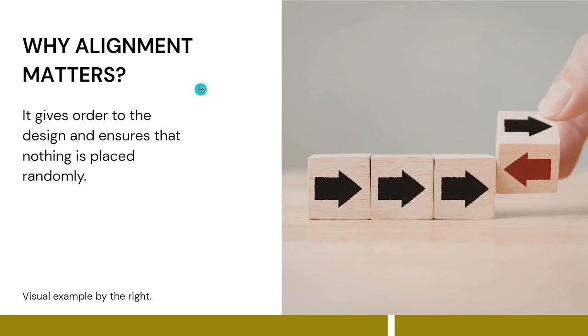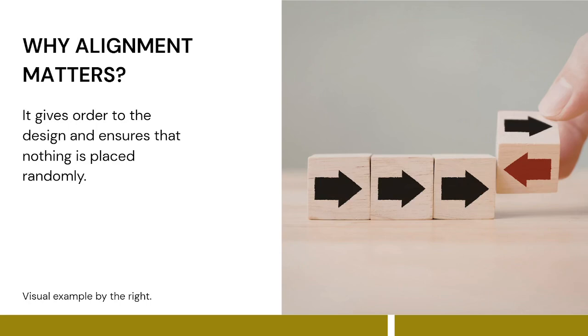Now, why does alignment matter in design? Like I said here, it gives order to the design and ensures that nothing is placed randomly. The reason why we have alignment is to ensure that we don't just place our elements randomly on a design. Like I don't put the logo below, whereas I'm supposed to put it at the top.